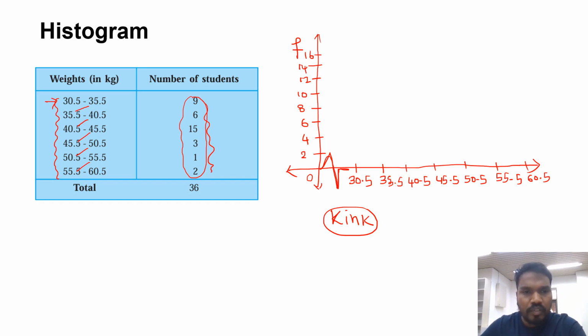Now what is the first value? 30.5 to 35.5 is 9. So here, where is the 9? This is 9, right? Next, 35.5 to 40.5 is how much? 6.